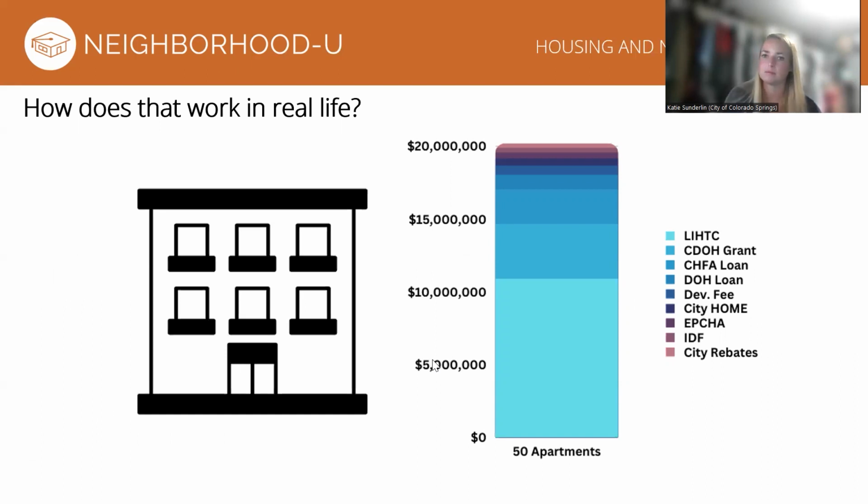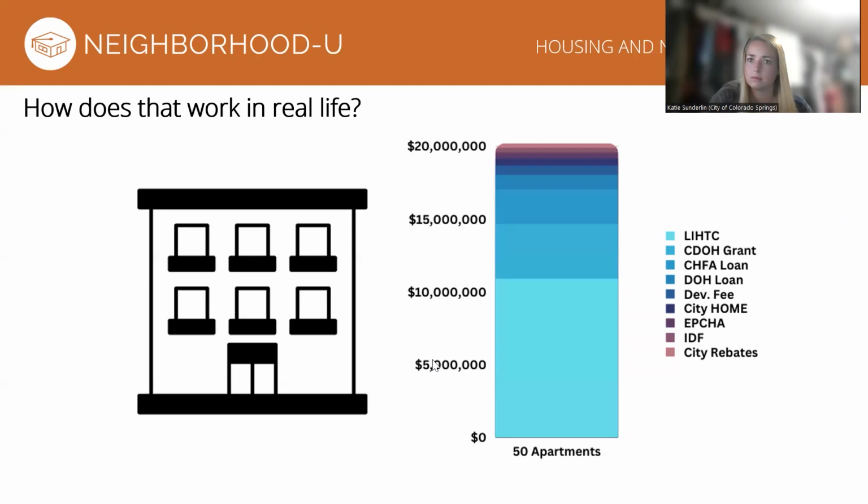This is actually taken from one of the developments that Katie and I both have funding in on. You can see 50 units of apartments, and it costs just over 20 million to do that. You can see all the different pieces that go into that. So we were talking about the low-income housing tax credits, grants, loans, the developer fee that is deferred.